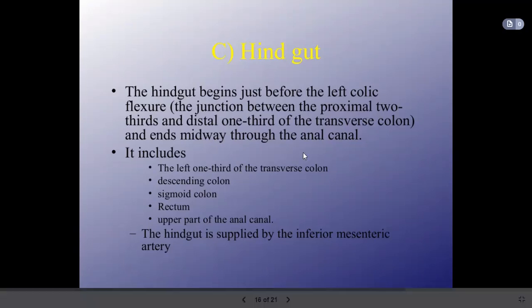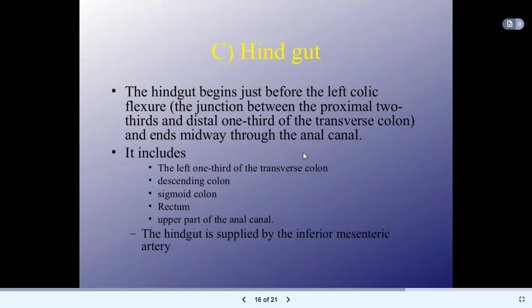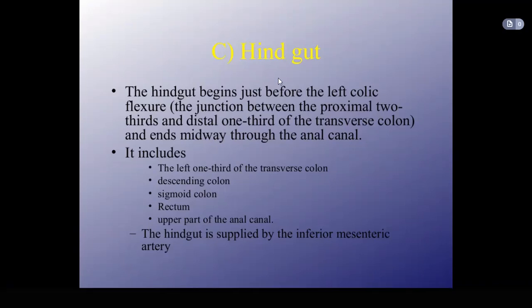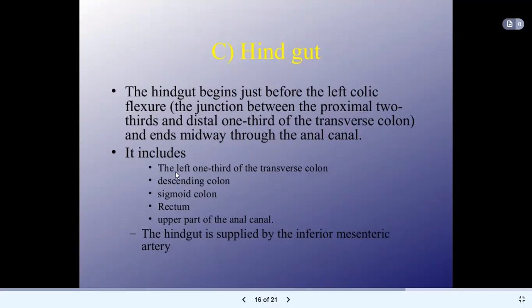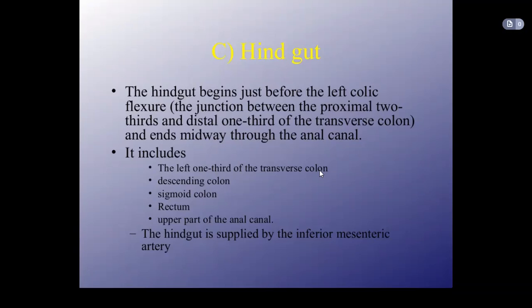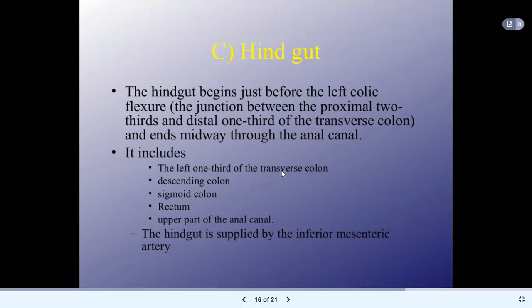So what are the structures or the organs you find in the hind gut? So you find the left 1/3 of the transverse colon. Remember that the first 2/3 of the transverse colon are in the mid gut, but the left 1/3 of the transverse colon are in the hind gut.